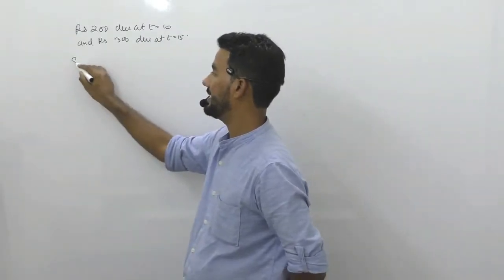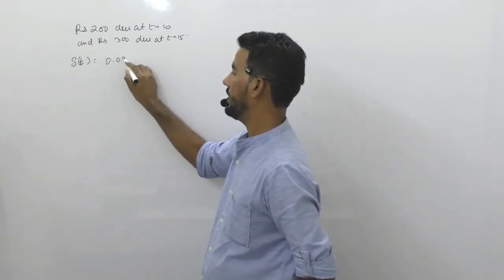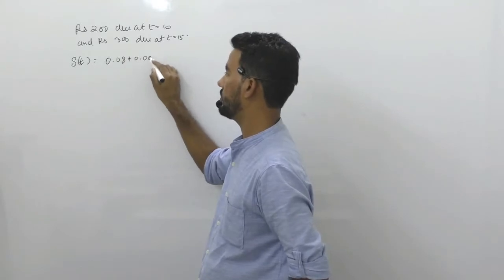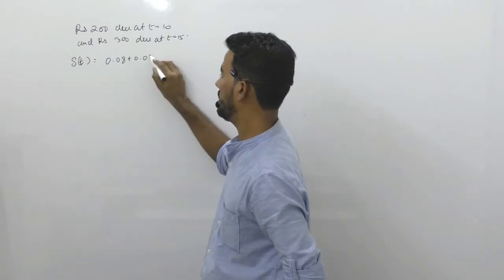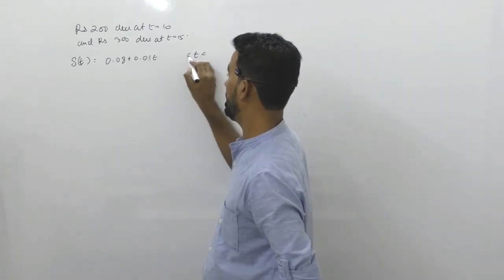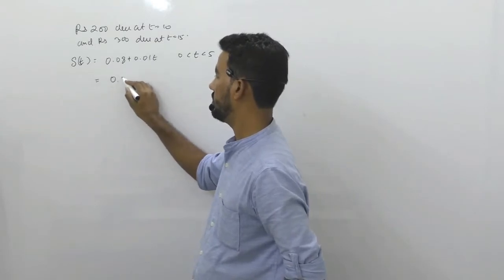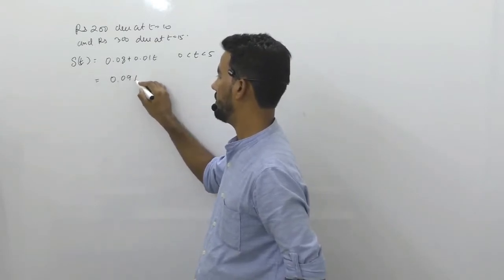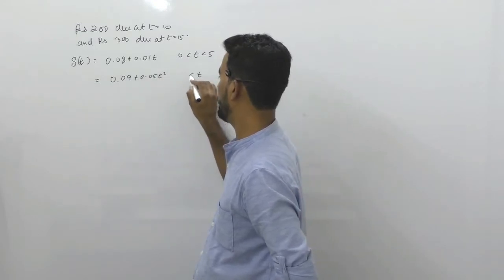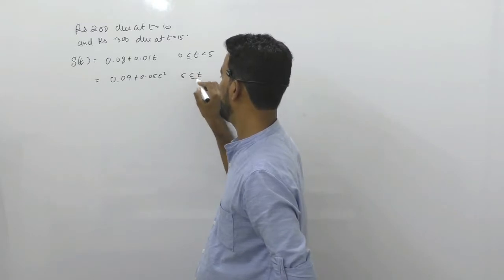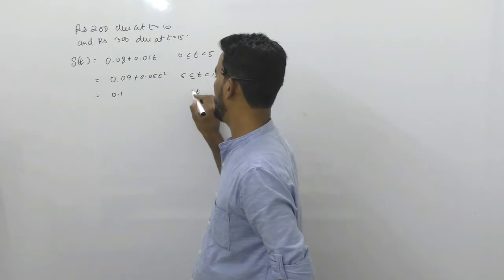The question says that the force of interest is 0.08 plus 0.01 t for t between 0 and 5, 0.09 plus 0.05 t square for t between 5 and 10, and 0.1 for t greater than 10.